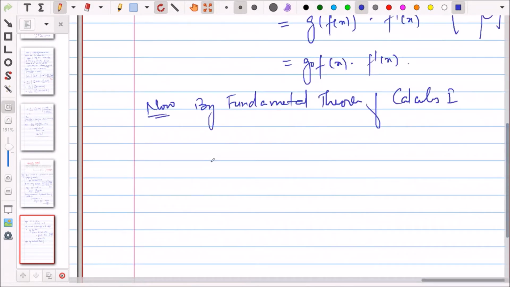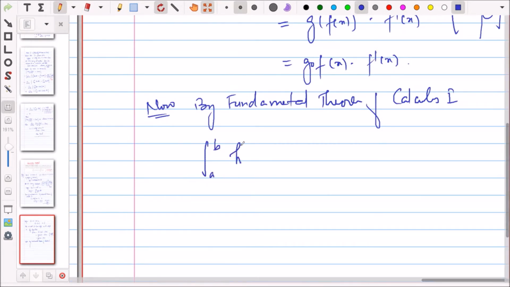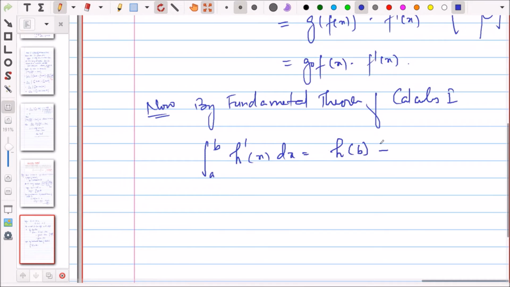The integral from a to b of h dash x dx will be equal to, yes, what will be this? कल कराया हमने, डेरिवेटिव को इस तरह से इंटीग्रेट करते हैं तो फंडामेंटल थ्योरम ऑफ कैलकुलस क्या आता है? h(b) minus h(a), right?